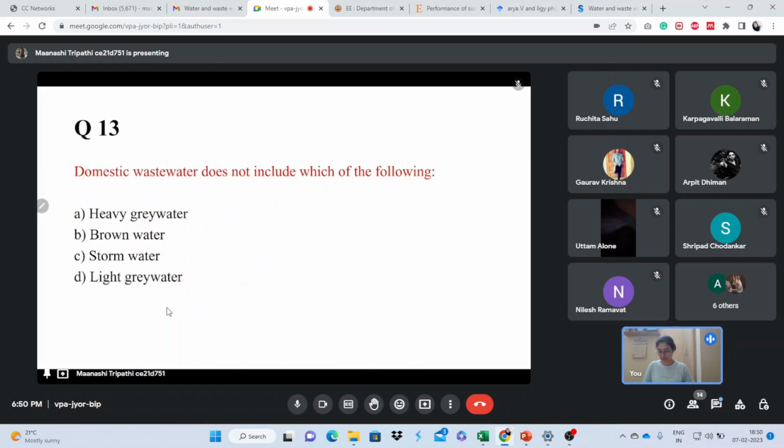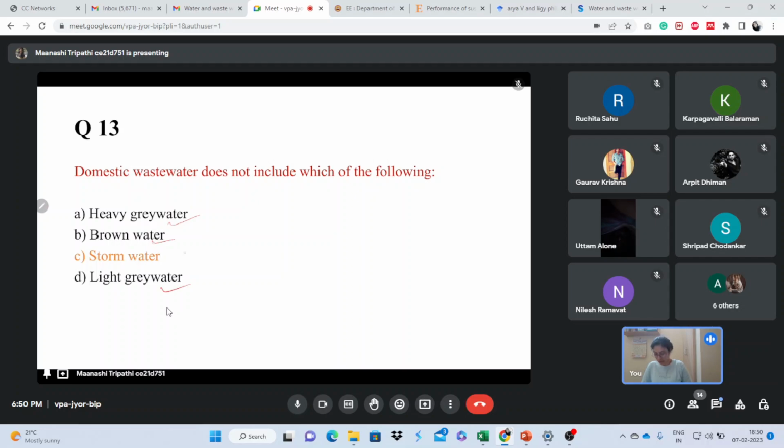Question number 13 is, domestic wastewater does not include which of the following? Very similar to the previous question. You can answer the question in the chat box. So the answer is correct. It may contain heavy grey water, it may contain brown water, it may contain light grey water.